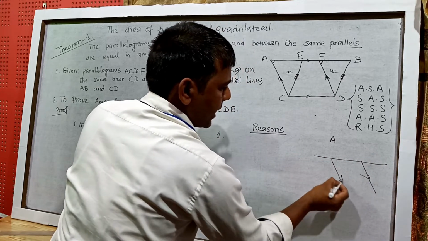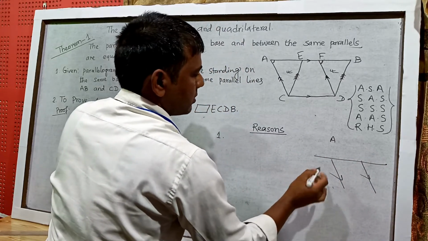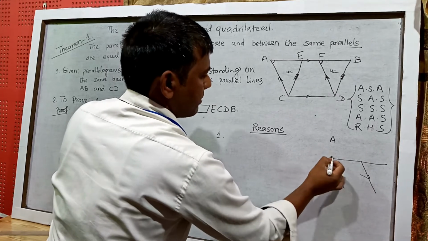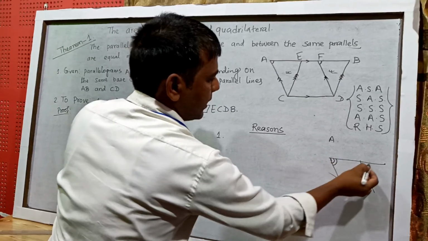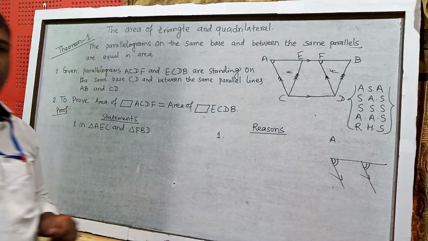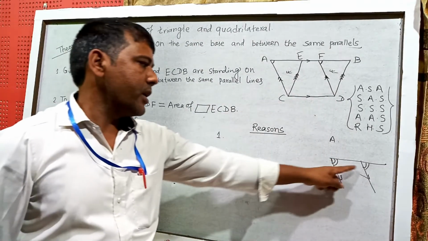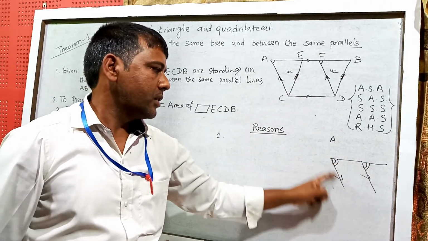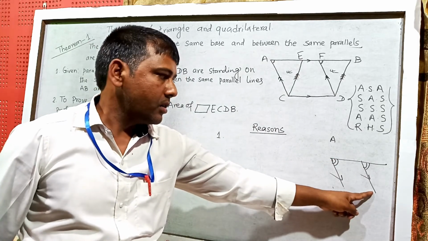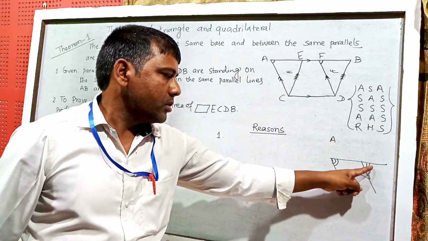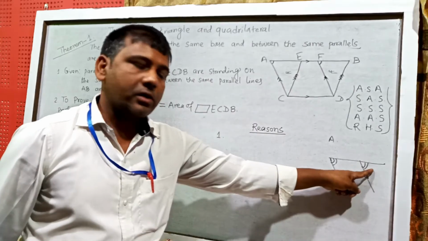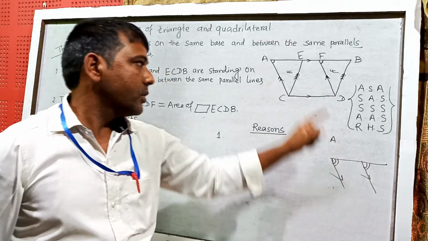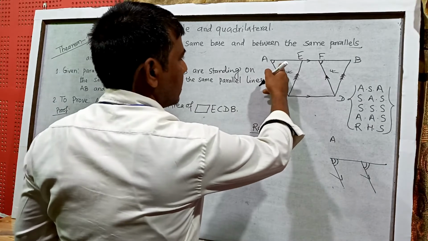These two lines are parallel, so these angles are corresponding angles and they are equal. At first, angle equal.